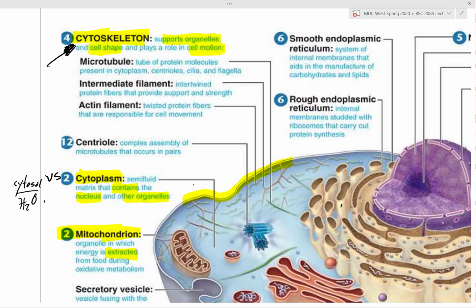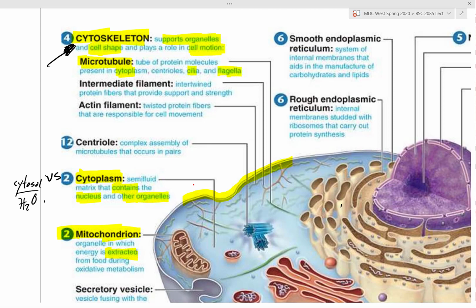So these are known as what? Microtubules. Molecules present on the cytoplasm, cilia, or flagella. In this case, these structures, the microtubules or intermediate filaments or actin filaments, allow for things to move inside the actual cell. Everybody got that?